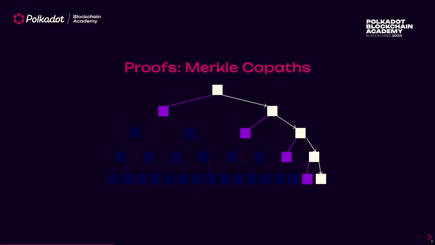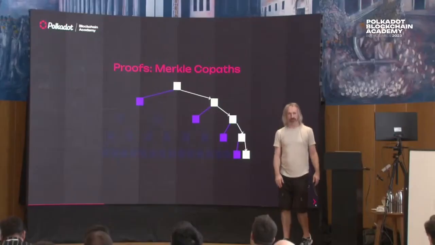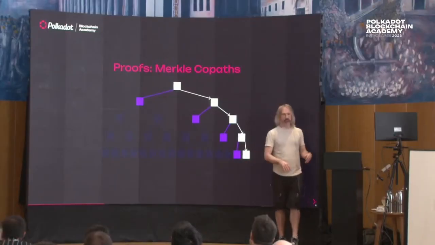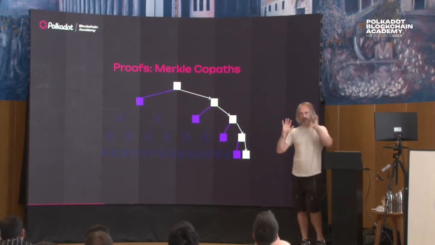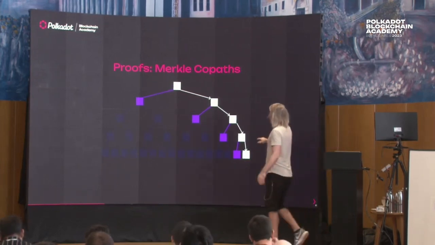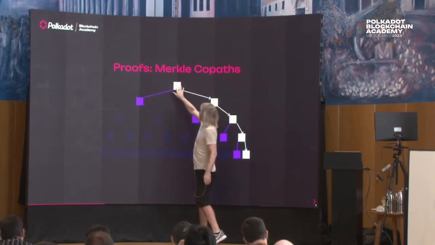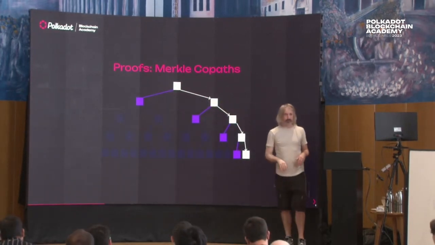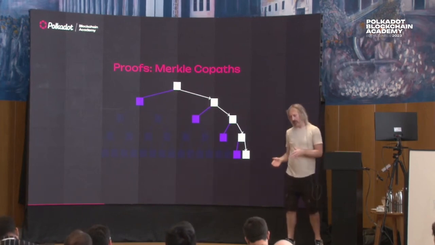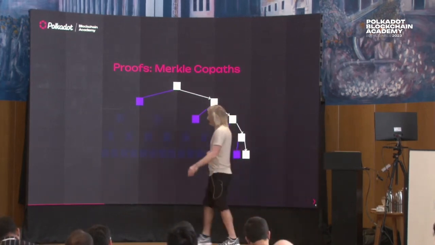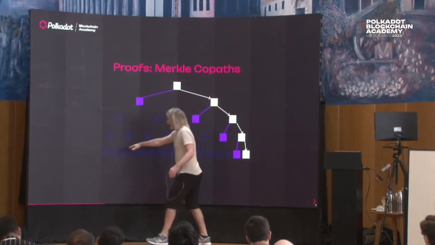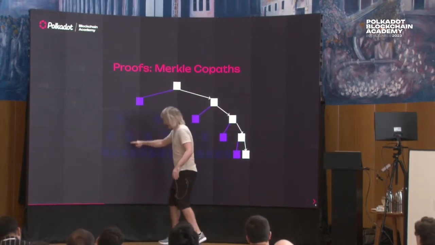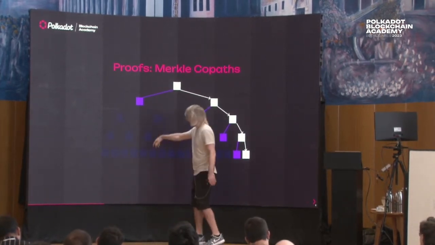Suppose I don't know, A, B, C, D. Let's call this one M. So this node here has some data in it, M, and we have the root X. How do we make a proof? Well, one way of doing a proof is just to tell our recipient, well, this one is A, and this one is B, and this one is C, and this one is D, and this one is E, and so on.